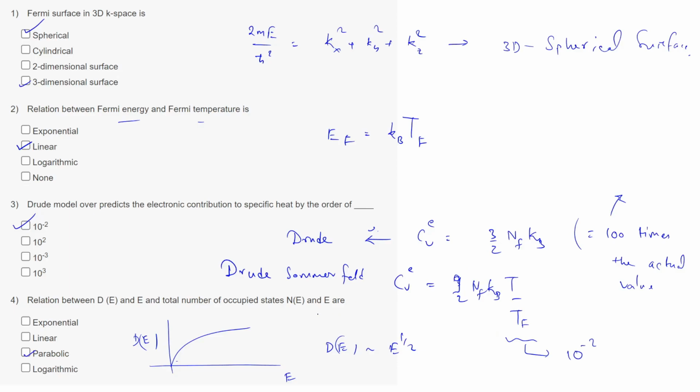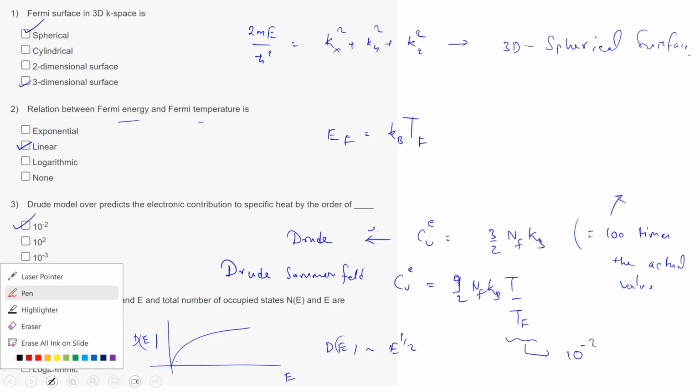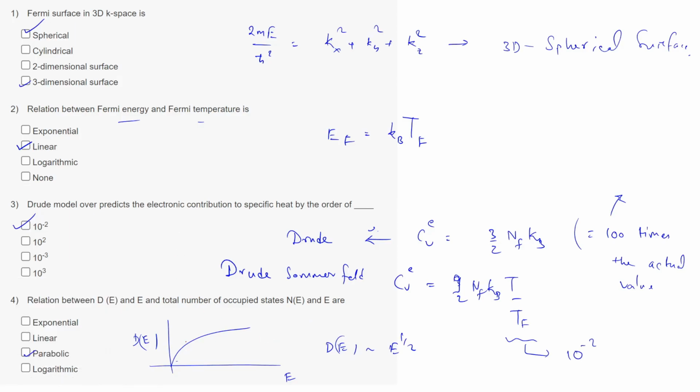And the occupied states will also behave the same way. How the same? Because if you plot n of E, it will come here like that. At the Fermi temperature it will go like this, but the behavior will still follow the same trend. So it will follow this parabolic trend.